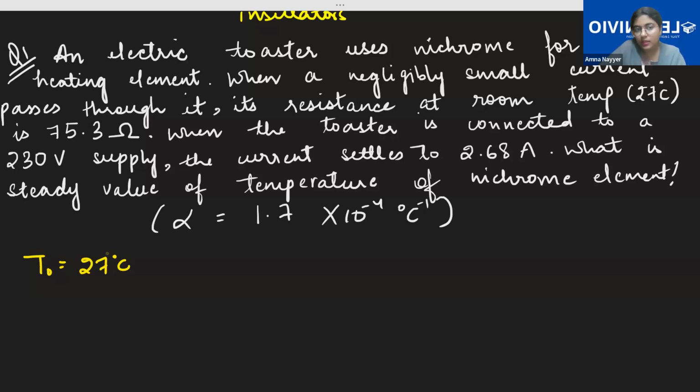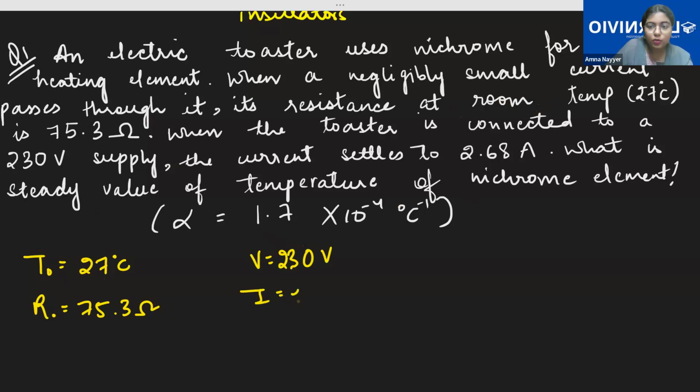R or R naught? R naught. Okay, because at room temperature it is this, 75.3 ohm. When the toaster is connected to a 230 volt supply, so voltage is 230 volt, the current settles to 2.68 ampere.